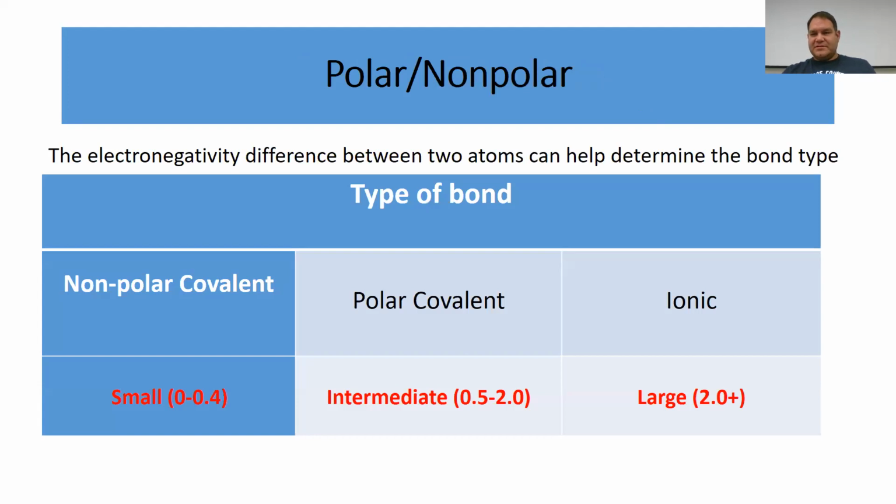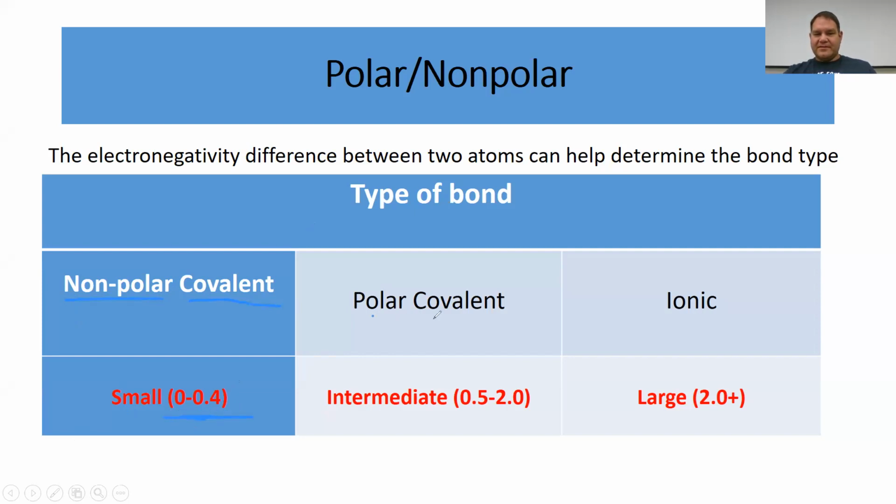All right, so if the electronegativity difference between the two atoms is between 0 and 0.4, the difference is not very big. Therefore, it's going to be a nonpolar covalent bond.